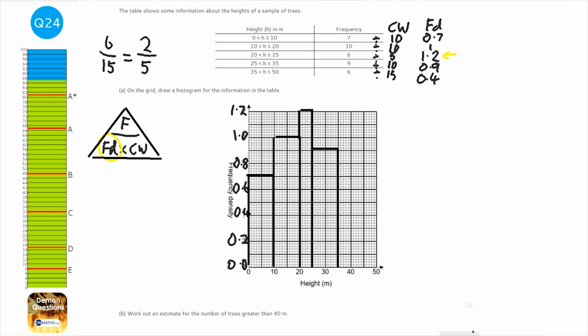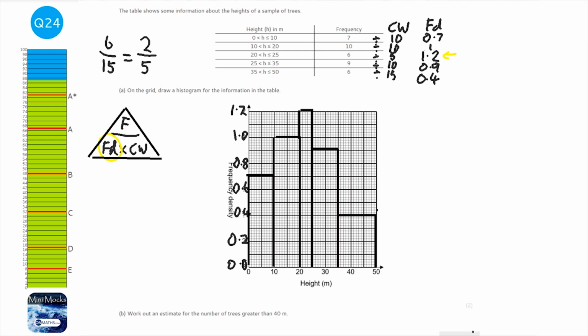And the last one, 35 to 50, is 0.4. There we go, and that's our histogram. You probably will need to draw it a little bit more precisely than I've managed on this.